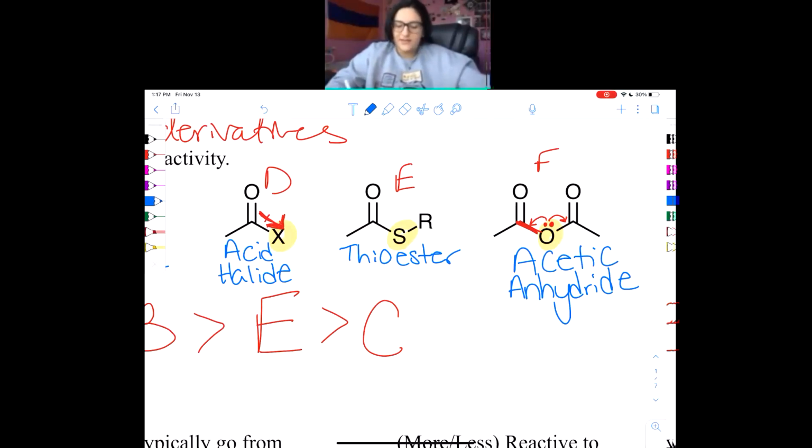So again, this general structure where there's an oxygen and two carbonyls, we call an anhydride. This one specifically is called an acetic anhydride because it has two methyl groups on either side. And the reason I say that a couple times is because this one is very popular, and he does tend to ask you about acetic anhydride.